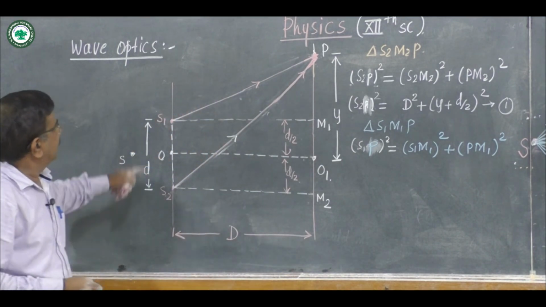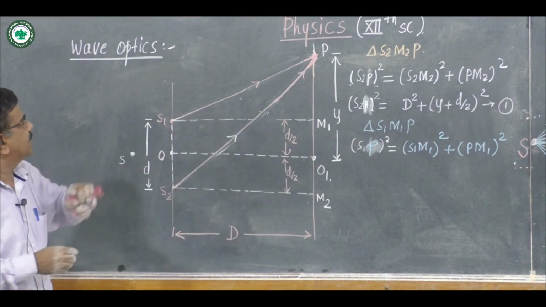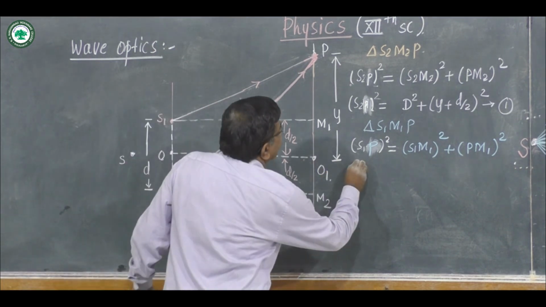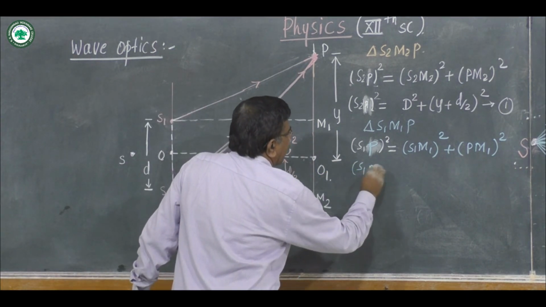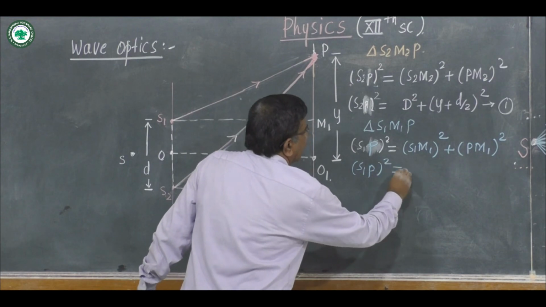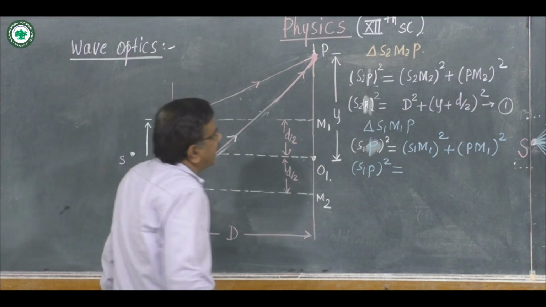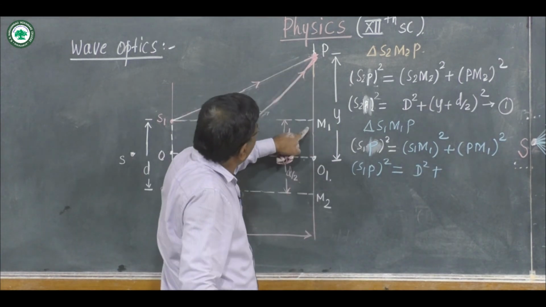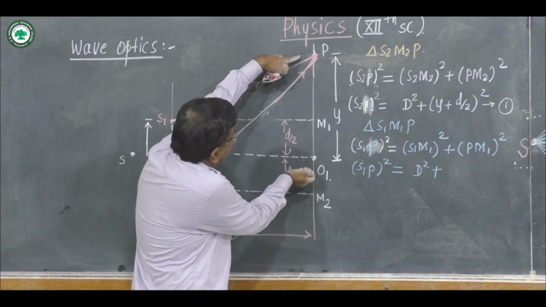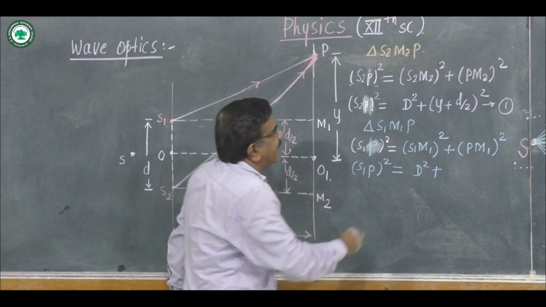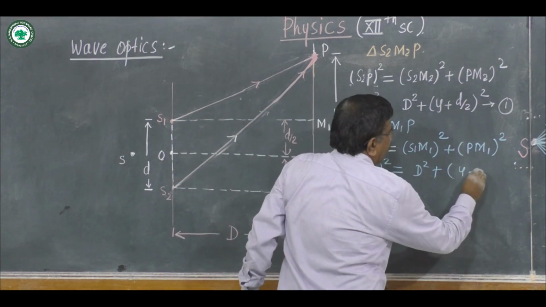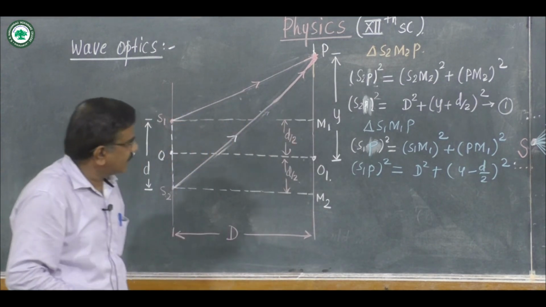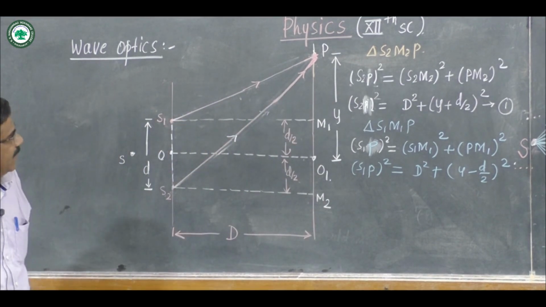So S1P square is equal to S1M1, which is d square, plus PM1, which is y minus d half, its square.